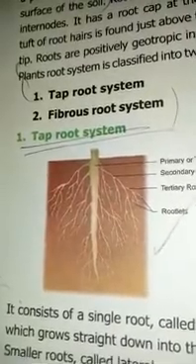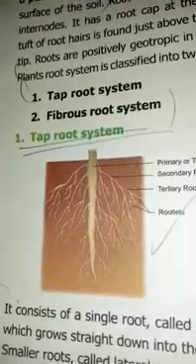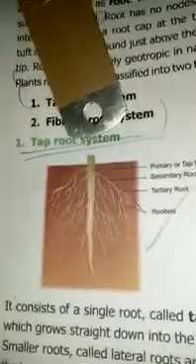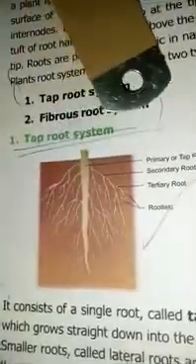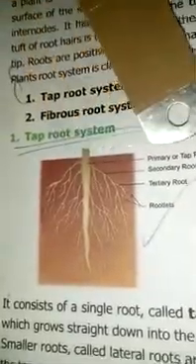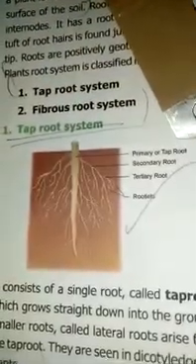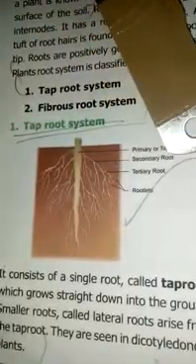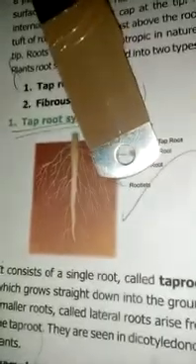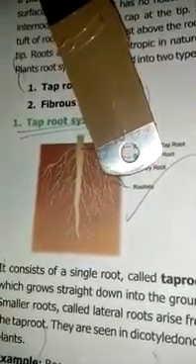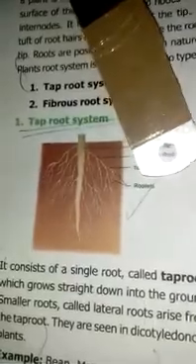First, let us see about the taproot system. See the picture of the taproot system. This is the primary taproot, this is the secondary taproot, this is the tertiary root, and these are the rootlets.